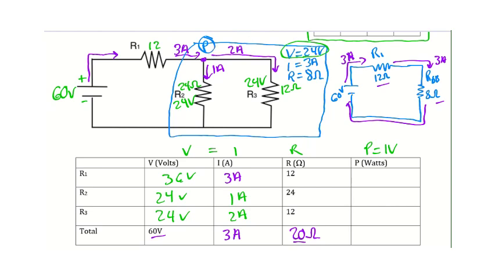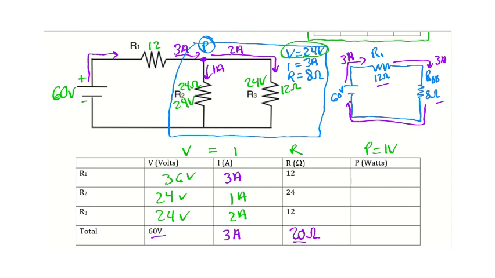So you can see that this junction obeys something called the junction rule. The current in is equal to the current out. So I have 3 amps going into this purple dot, and I have 3 amps coming out of the purple dot, because I have 3 going in and 1 plus 2 going out.